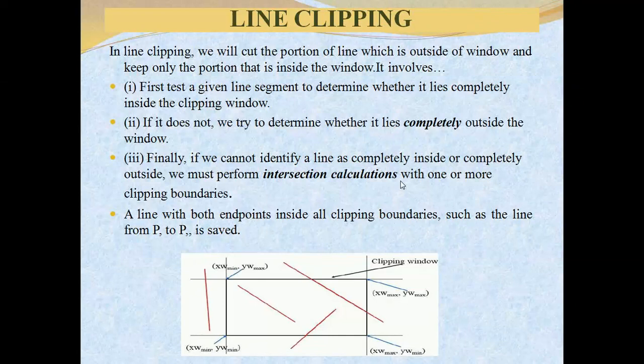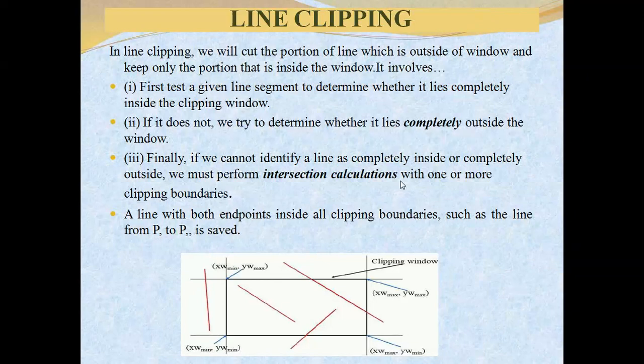If it is completely inside the window, that is, the two endpoints belong to the clipping window, that is the viewport, it is completely visible. Number two, if the line's two points are completely outside the window, we must completely clip the line.